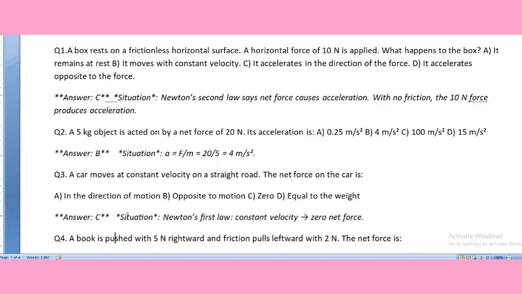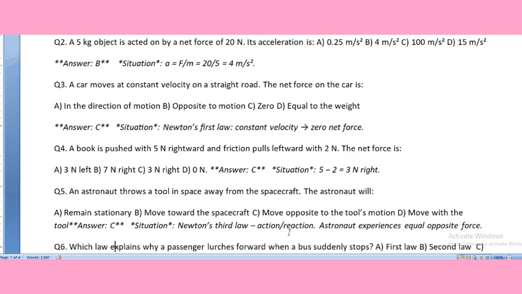So according to Newton's laws of motion, the correct answer is C. C says, Newton's first law, a constant velocity implies zero net force. So the correct answer is C.